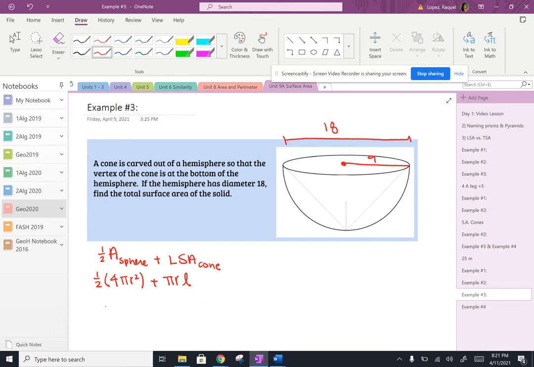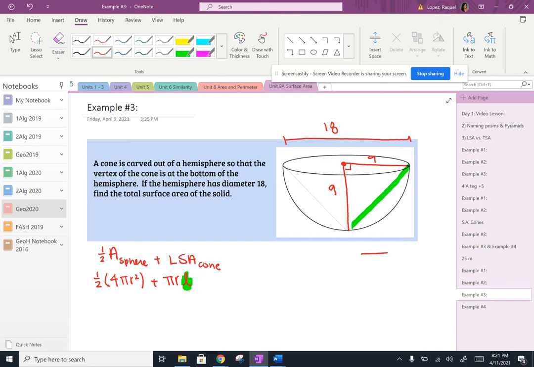Okay, now let's go ahead and just plug in these numbers. So I know that the radius is 9, but once again, I don't know what my slant height is. So here's the slant height of that cone. I, however, do know that the radius of the cone is 9, as is the height, because the height of the cone is also a radius of the hemisphere. So this is also 9. And now I've got a right triangle to go off of.